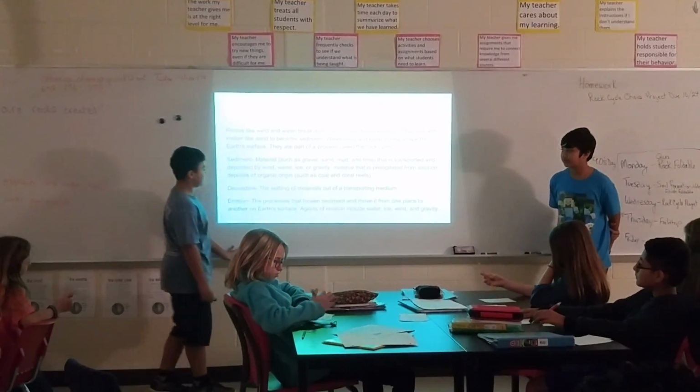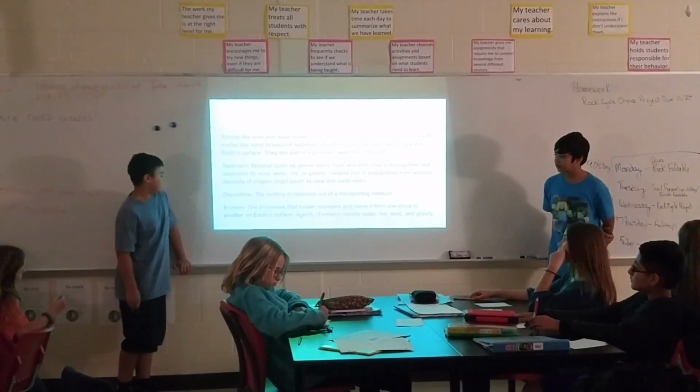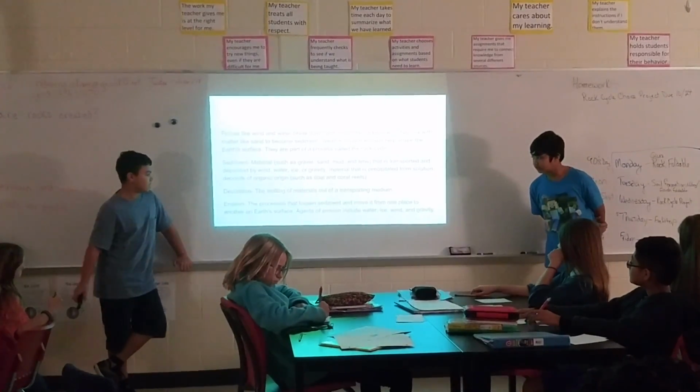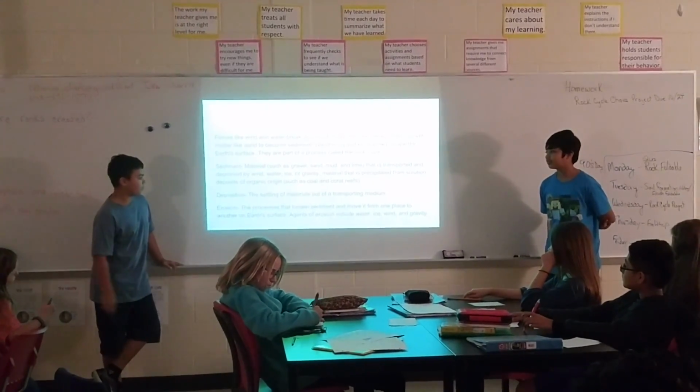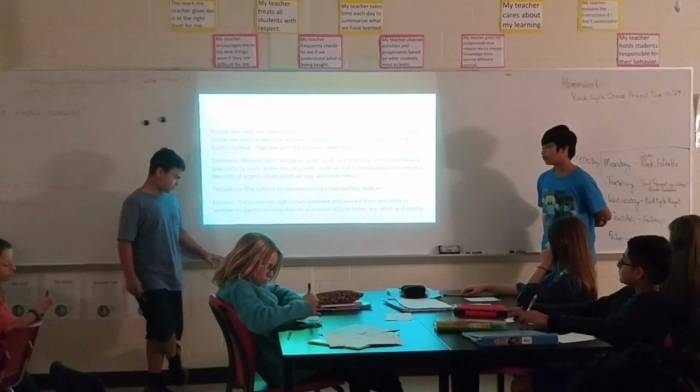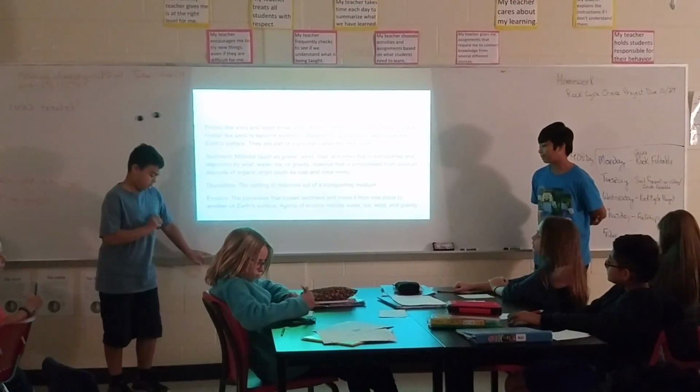And deposition is the settling of materials out of a transported medium. And then erosion is the process that loosens sediment and moves it from one place to another on Earth's surface. Agents of erosion include water, ice, wind, and gravity.